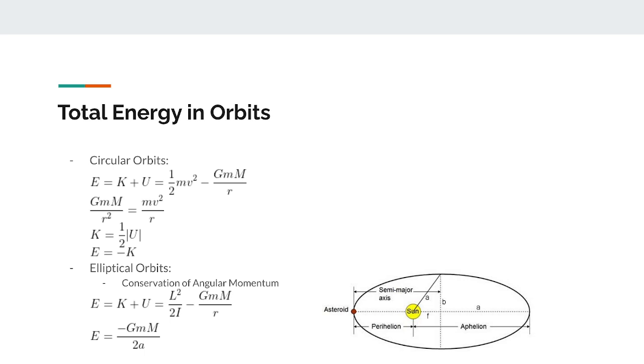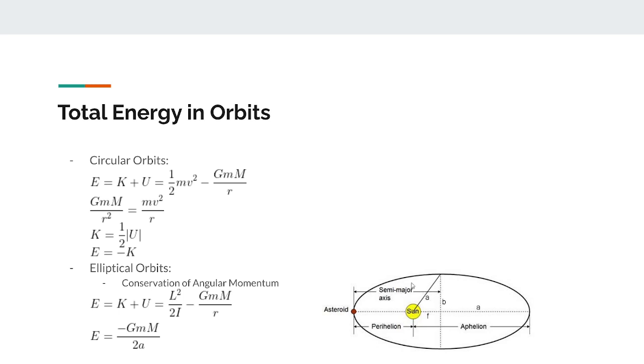So just to clarify, this a that we're talking about here is our semi-major axis. So it's basically this length here. That is going to be our a. And there's one more thing, which is these foci, right?